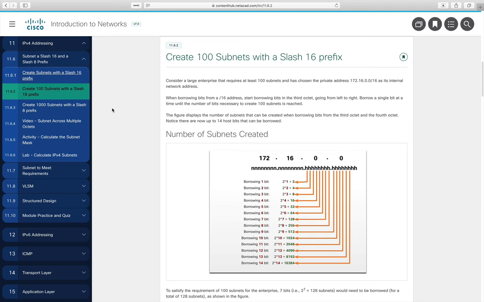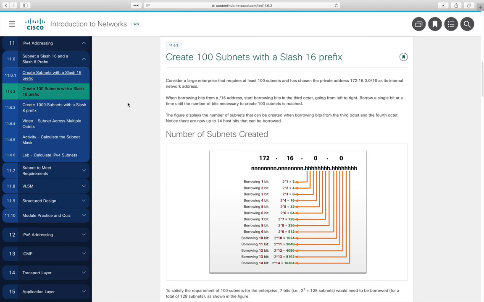So here we start with a /16, and an important formula when we're trying to determine how many bits to borrow is 2 to the n needs to be greater than or equal to the number of subnets, for the smallest value of n that satisfies that equation.